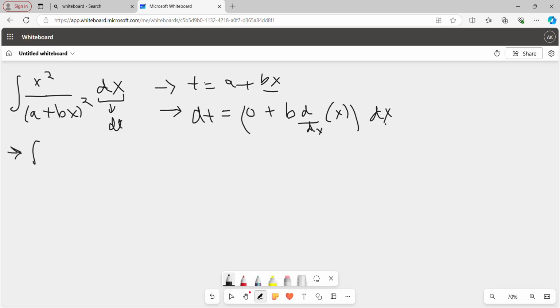So what you have here is dt is equal to b dx. What does this mean? dx is actually equal to dt by b.